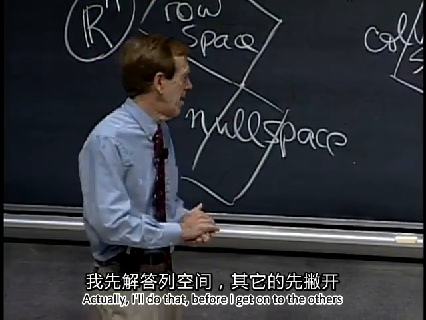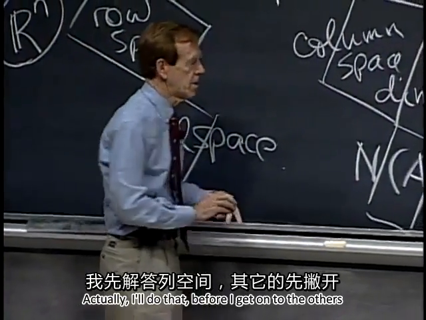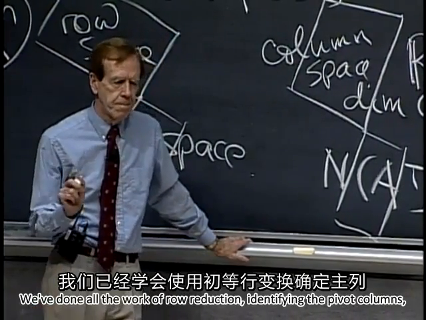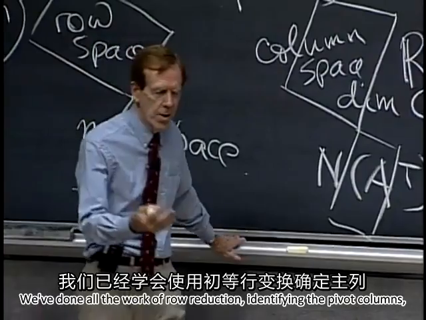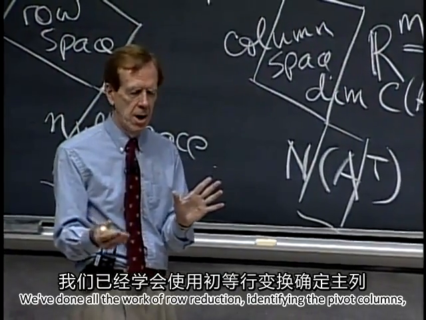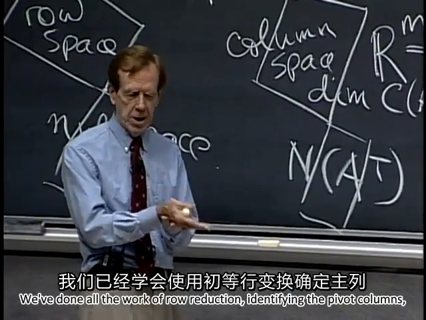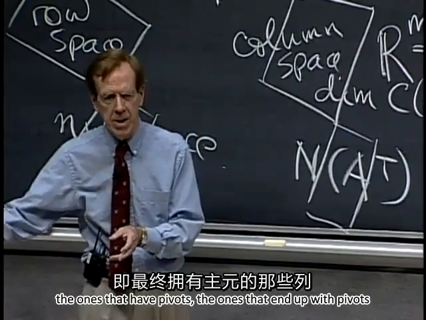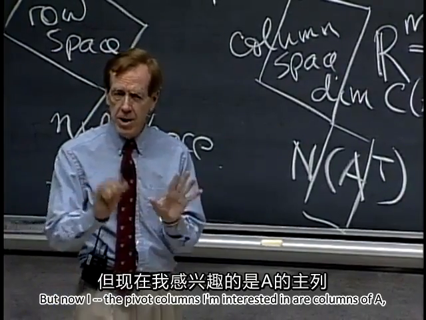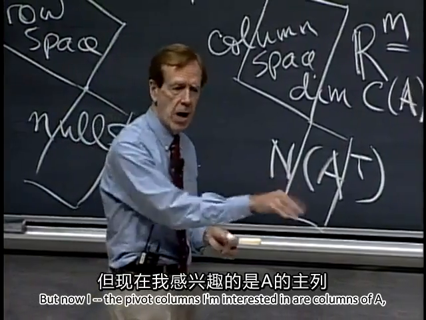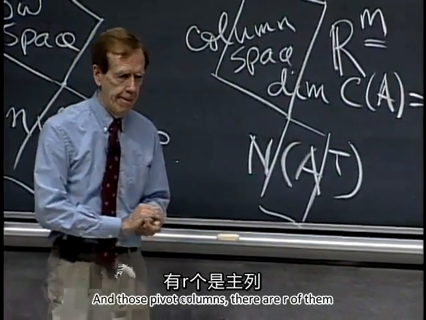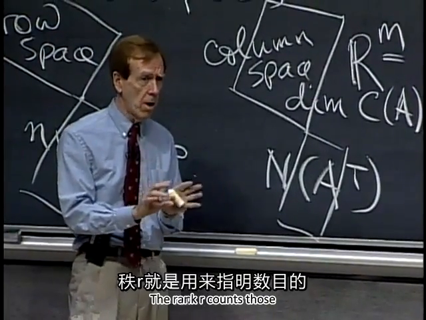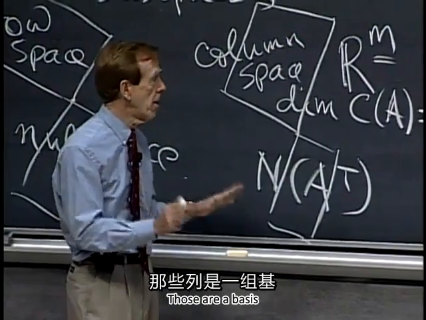Actually, I'll do that before I get on to the others. What's a basis for the column space? We've done all the work of row reduction, identifying the pivot columns, the ones that end up with pivots. But now the pivot columns I'm interested in are columns of A, the original A. And those pivot columns, there are R of them, the rank R counts those, are a basis.